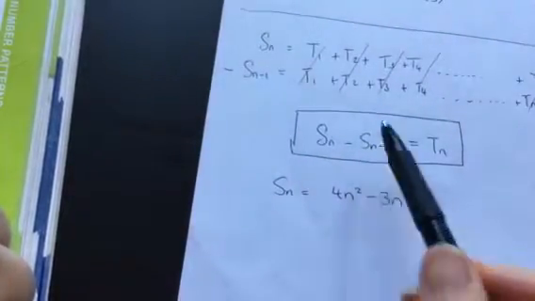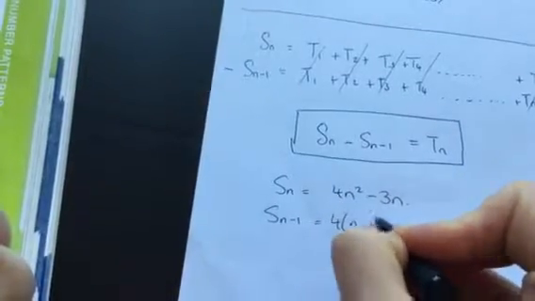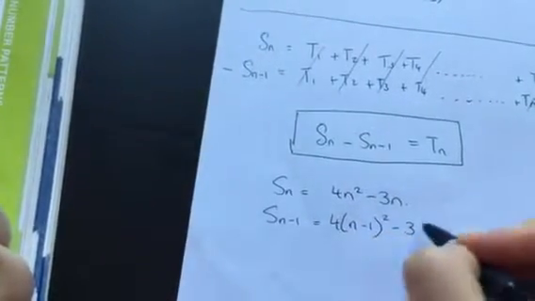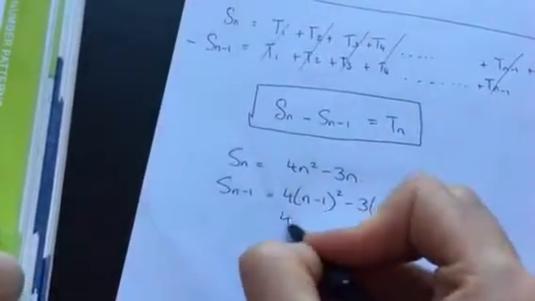If I get S(n minus 1), that means anywhere I have an n, I'm going to put an (n minus 1). Now, I'm going to clean that up.